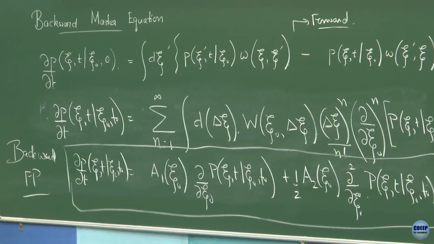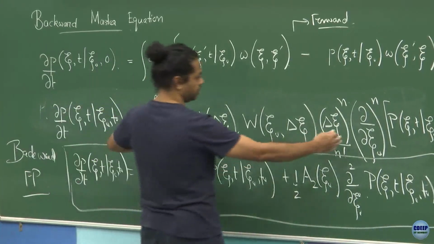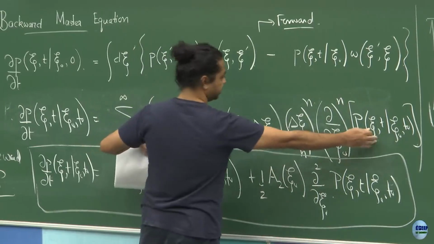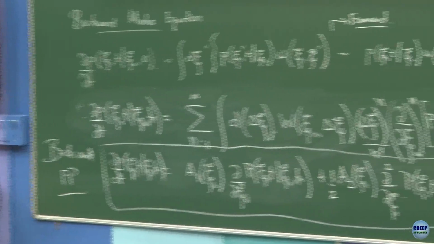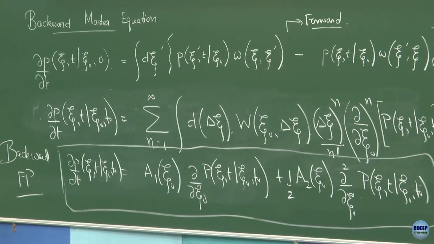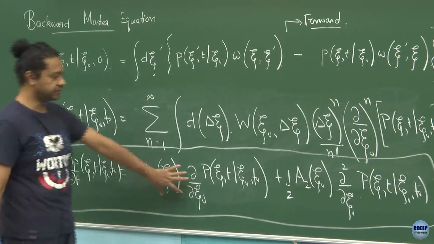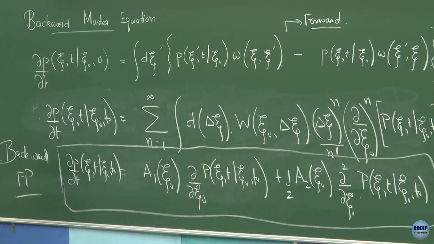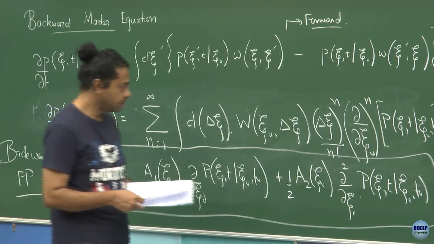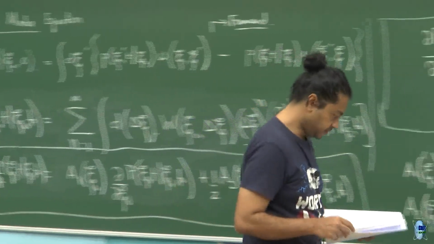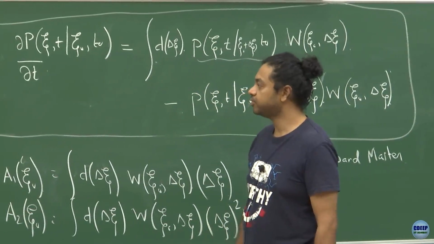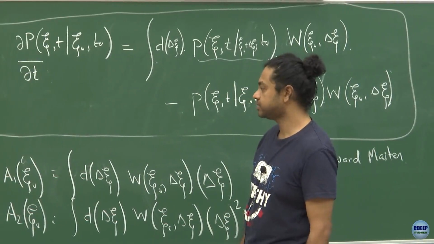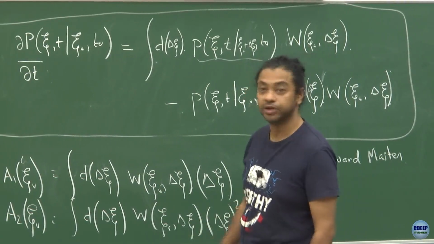These integrals that I have, these moments, are just over delta ξ. Delta ξ does not appear in the derivatives, so I can do that integral independently, and then I get these moments times the derivatives. All of this might look a little complex, but once we work out a few examples using the forward versus the backward, hopefully things will become clearer.